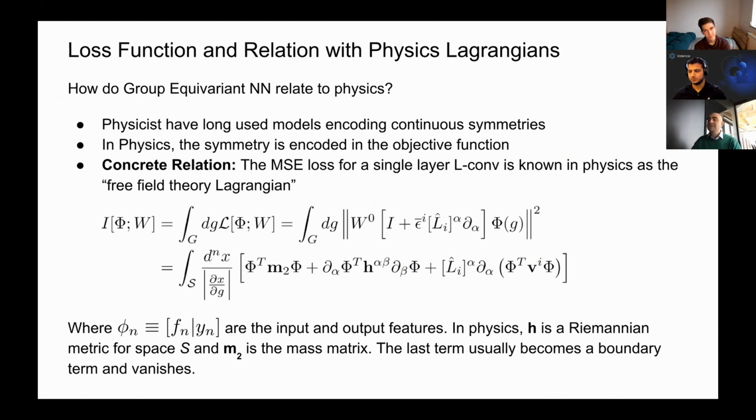So I basically asked the question, what is the relationship between what we're doing here with symmetry equivariant neural networks and what physicists have been doing for years? I knew that physicists are usually looking at dynamics and infinitesimal steps in time, so I knew that with what we're doing here with infinitesimal transformations, there might be a relationship.